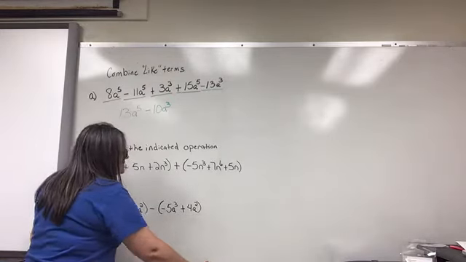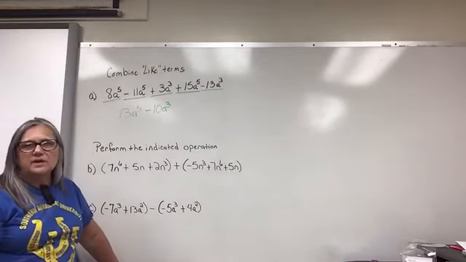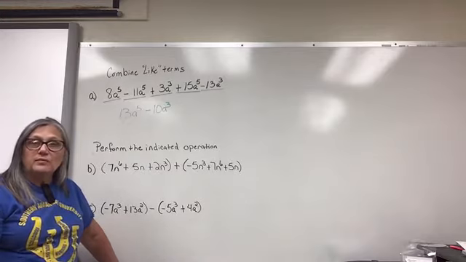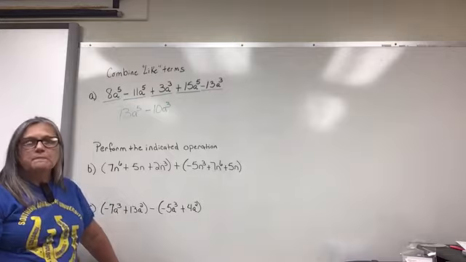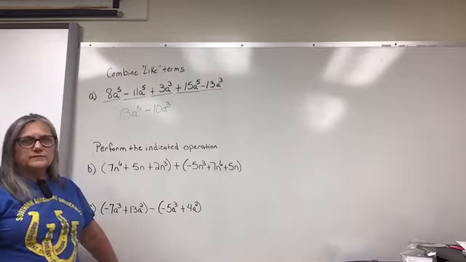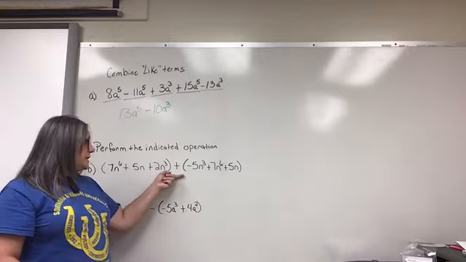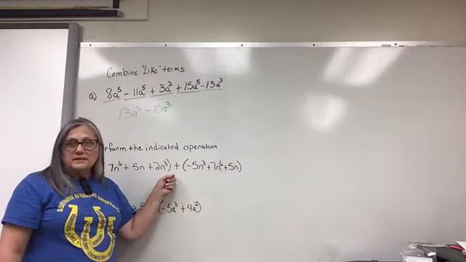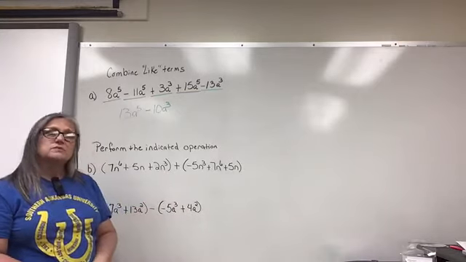Now the next section says to perform the indicated operation, and I put these two together because they really do kind of go together, because I'm going to have to perform the operation, then I'm going to have to combine like terms. So in this first one, I have this group of terms plus this group of terms. Because this is a plus here, I can just ignore those parentheses and start combining my like terms.